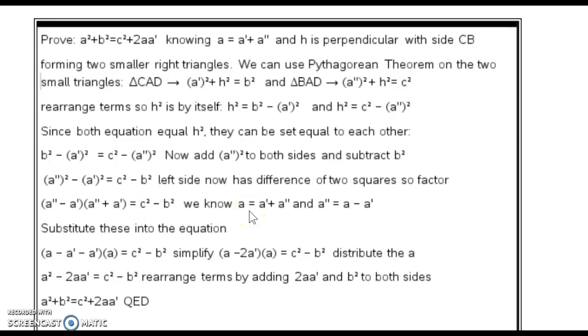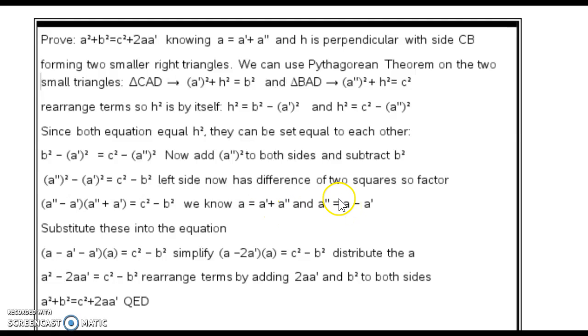Now, they gave us that hint early on that we know that the full length of A is equal to A prime plus A double prime. So I subtracted A prime from A to get A double prime by itself.